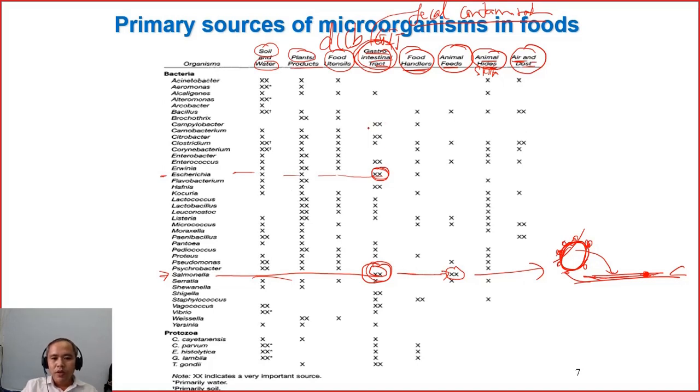So we also have quite many outbreaks of food poisoning because of E. coli as well. There have been many times when many people got food poisoning because of E. coli. So they come from the gastrointestinal tract.